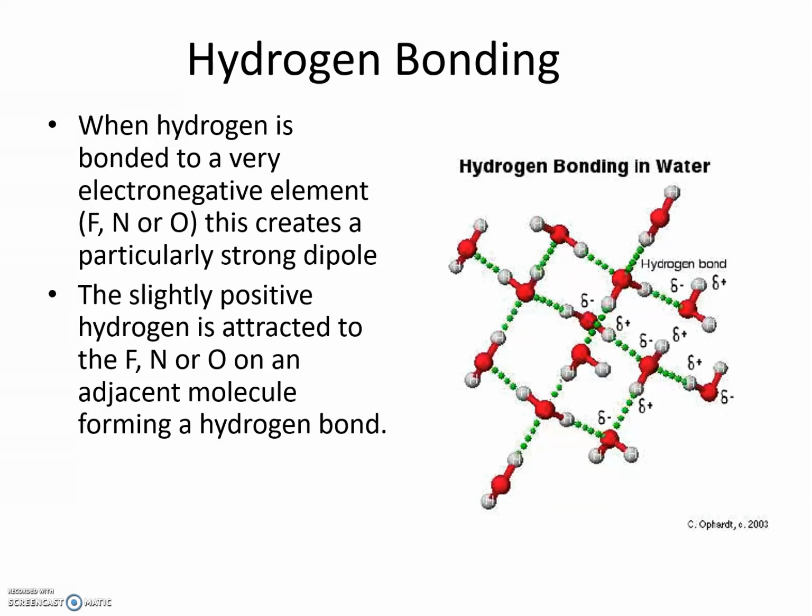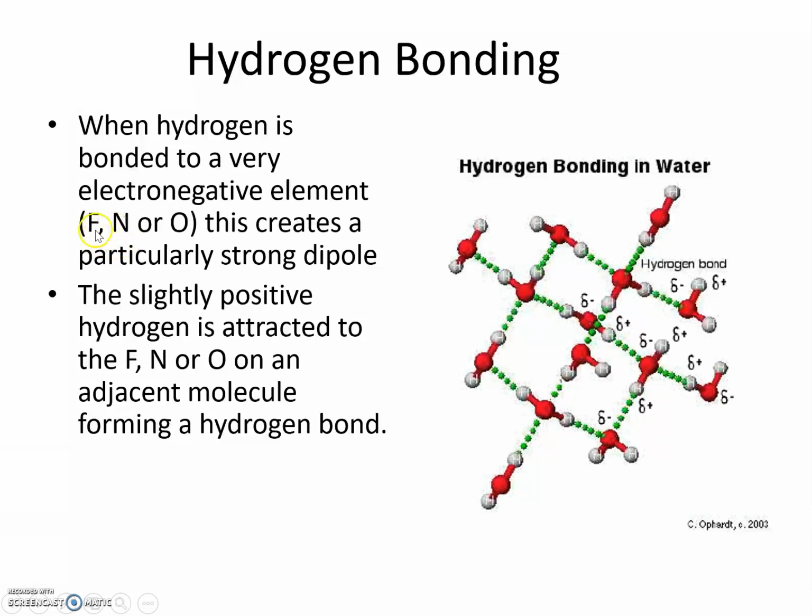Okay, and then the big one, hydrogen bonding. This is the strongest intermolecular force that we look at. And it's actually sort of a specific case of dipole-dipole interactions. So this is when you have a hydrogen bonded to a very electronegative element.